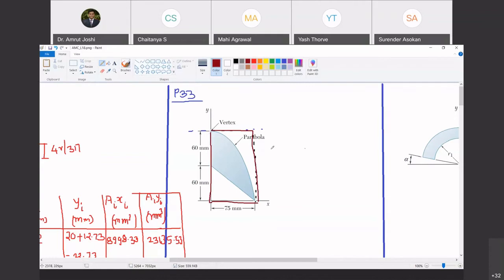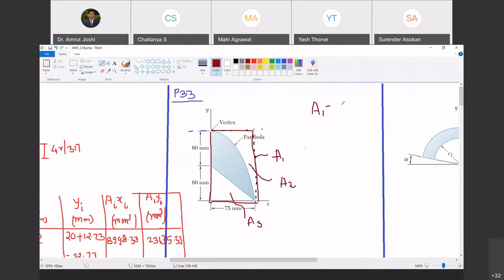Chaitanya, so this is one rectangle, right? Yes. This is A1. So from that A1 we have to subtract A2, which is the parabola, and A3, which is the triangle. Fair enough? Are you with me?